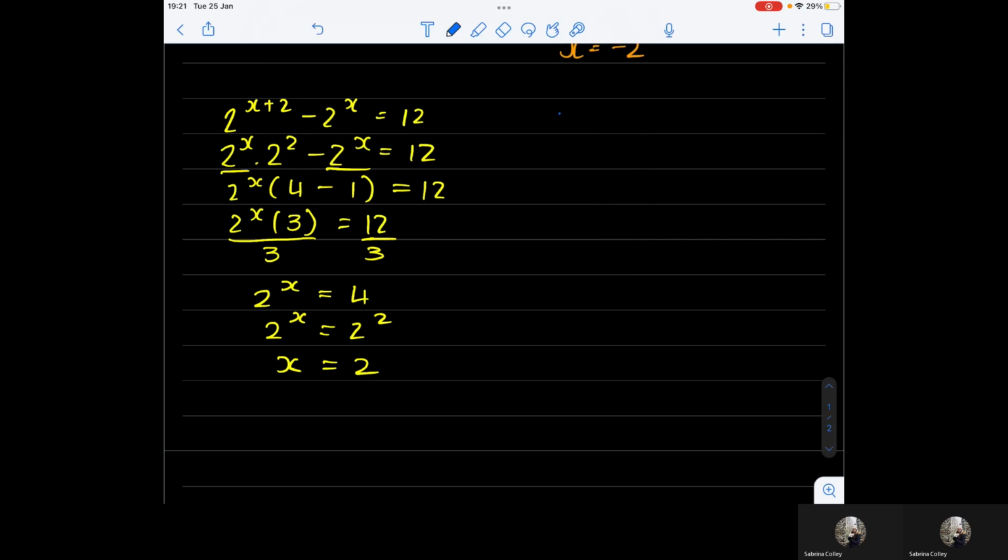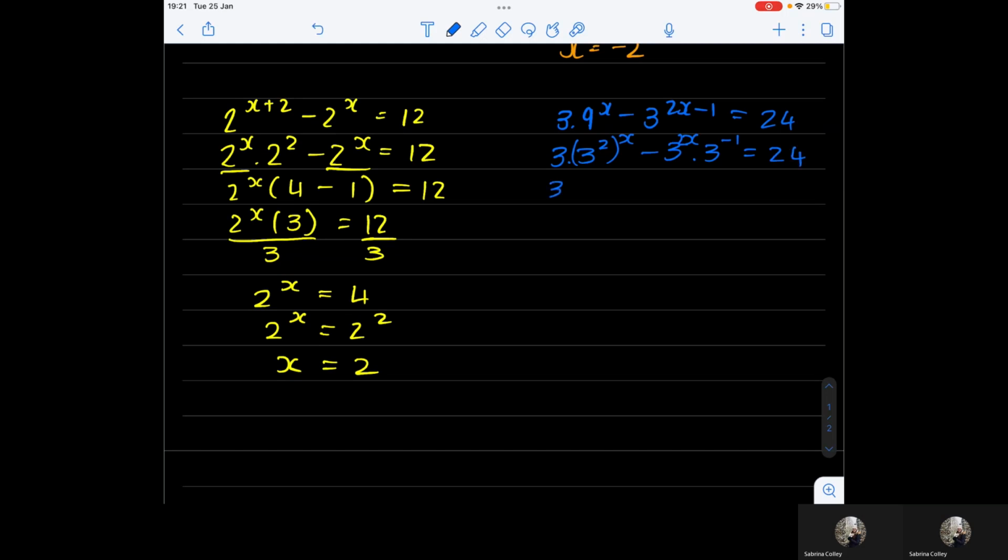Let's try this one. 3 times 9 to the power of x minus 3 to the power of 2x minus 1 equals 24. Let's just do prime factor basis for ourselves. So we've got 3 times 3 to the power of 2 to the power of x minus 3 to the power of 2x times 3 to the power of negative 1.